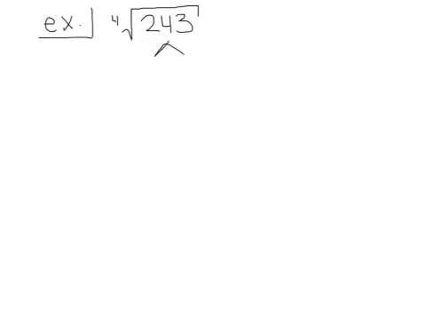So we have 243. I know that that is going to be 3 times 81. Circle the 3. 81 can be broken down to 9 and 9. And each of these 9 will be prime factorized to 3 times 3.